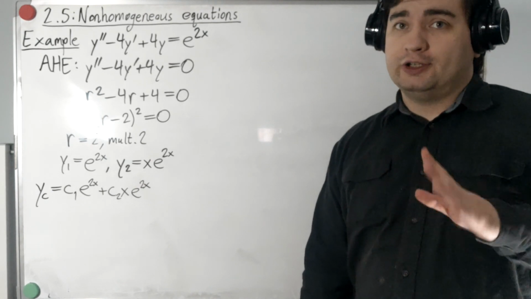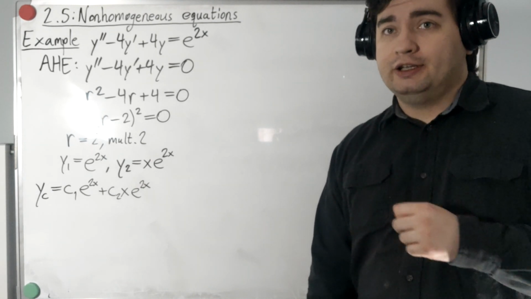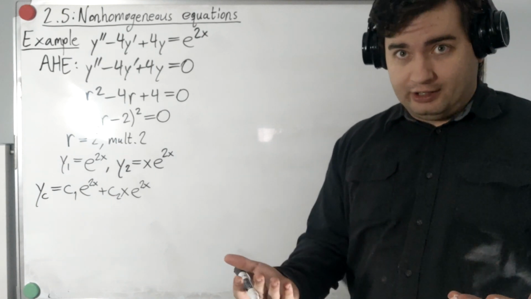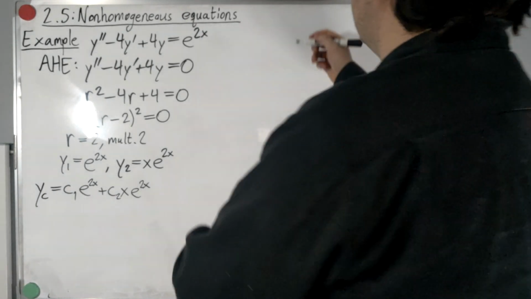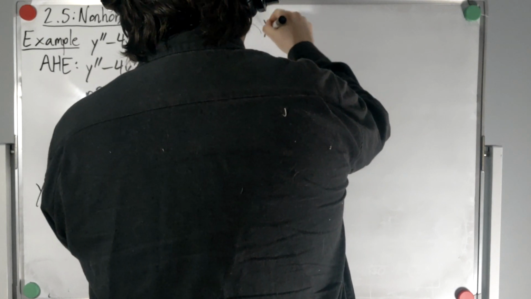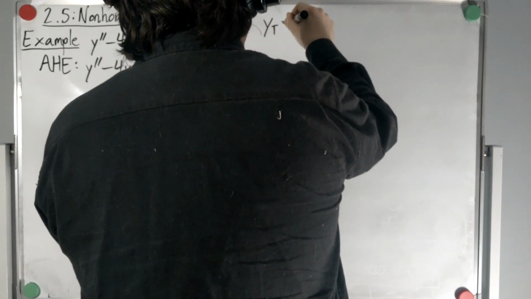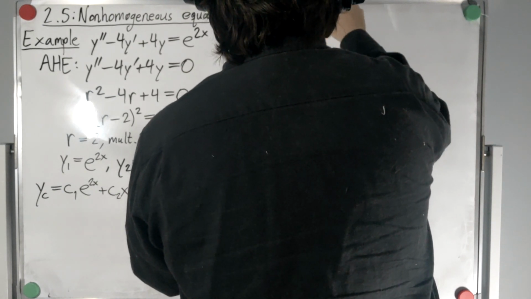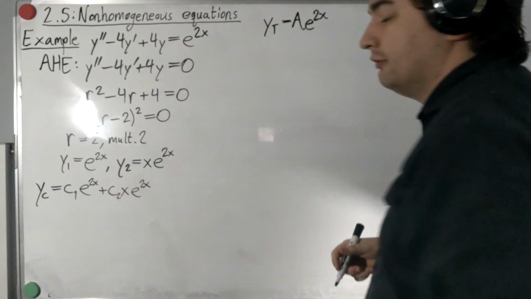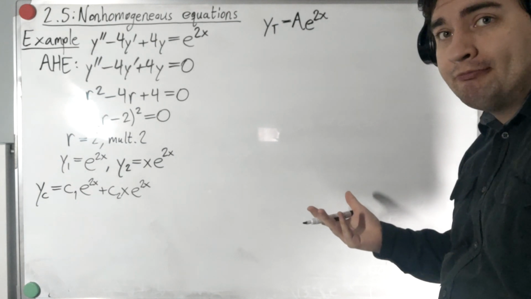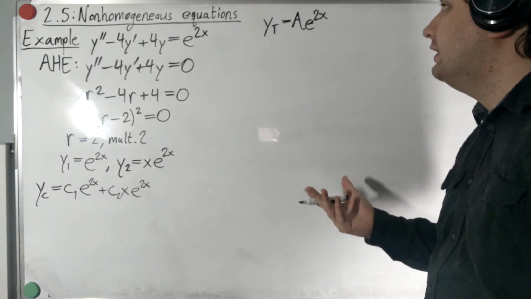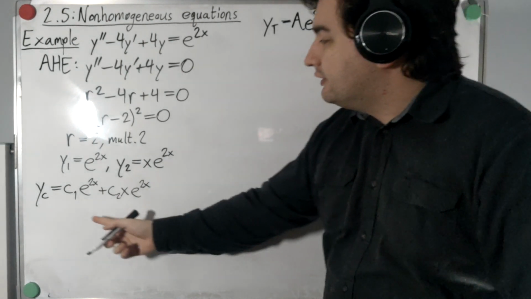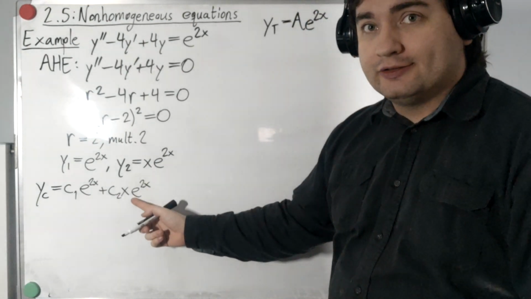Right then. So let's look at the guess that we would make in order to find the particular solution, because that's the other part we need, right? The guess that we would make based on the inhomogeneous term alone is a e^(2x). Now there is a problem here, because a e^(2x) is part of this family of functions.